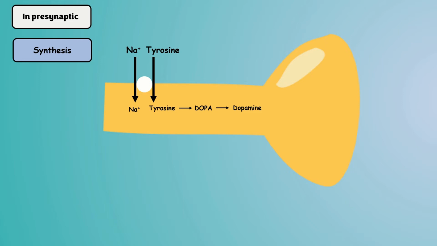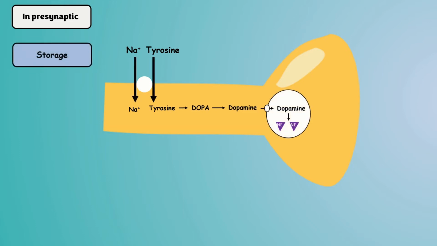DOPA is then decarboxylated by the enzyme aromatic L-amino acid decarboxylase to form dopamine in the presynaptic neuron. Storage of norepinephrine in vesicles: dopamine is then transported into synaptic vesicles by an amine transporter system. Then the next step is, dopamine is hydroxylated to form norepinephrine by the enzyme dopamine beta hydroxylase.